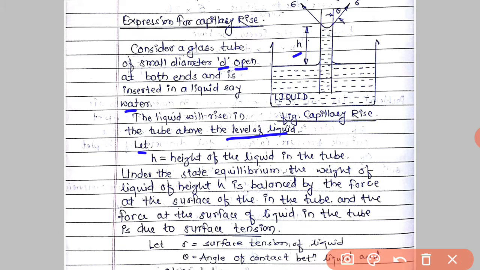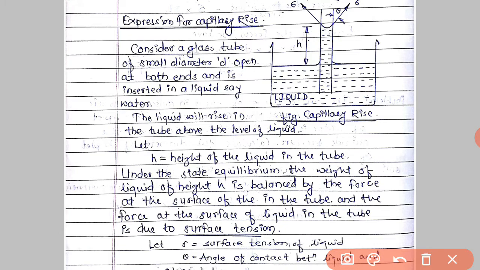Under the state of equilibrium, the weight of liquid of height h is balanced by the force at the surface of the liquid in the tube, and the force at the surface of the liquid in the tube is also surface tension. So see here, there will be two forces: the weight of the fluid in this tube and the surface tension force.